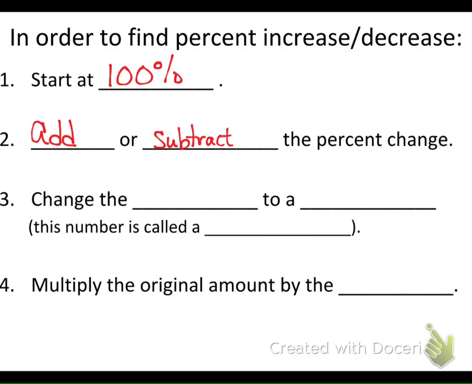Now, we're still going to have a percent after that because we're starting with a percent and adding or subtracting a percent. So we're going to then have to change the percent to a what? We're going to change it to a decimal. So change the percent to a decimal.